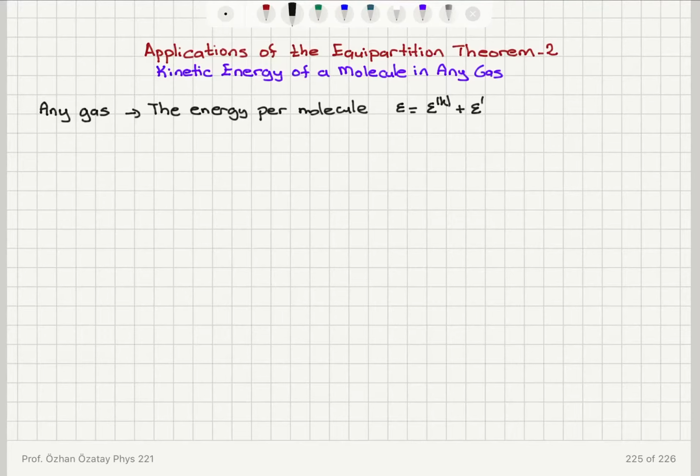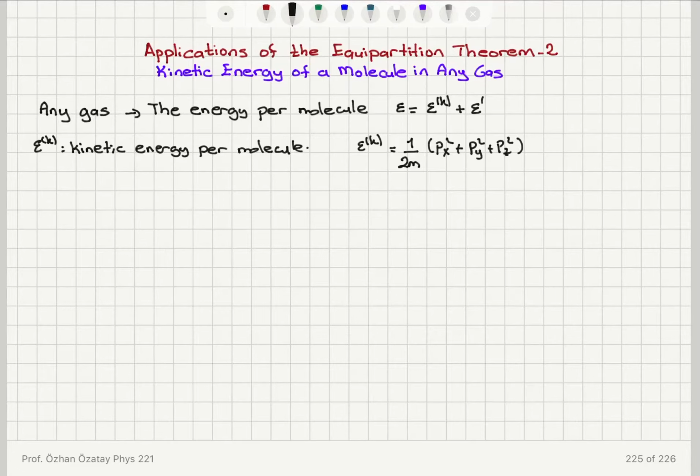So this epsilon k is kinetic energy. It's the translational kinetic energy per molecule. Now we can write this energy epsilon k as in the previous case, 1 over 2m, where m is the mass of one molecule, times px squared plus py squared plus pz squared.